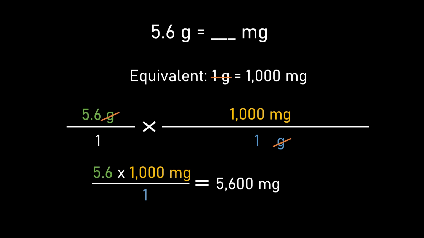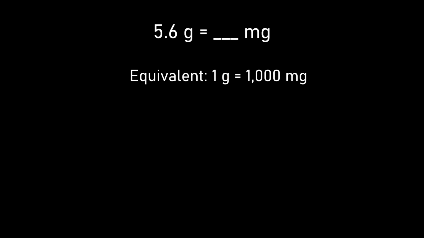Just to see if our math is correct, though, let's try to solve this equation using conversion factors. We'll be using the same equivalent that we used for dimensional analysis. First, we need to isolate the conversion factor, which we can see here will be 1,000. Next, we need to know which unit is larger, grams or milligrams.